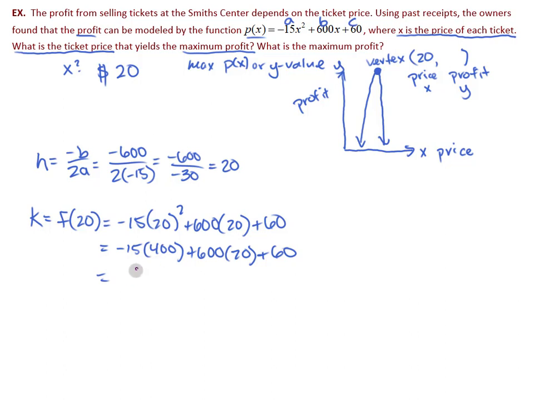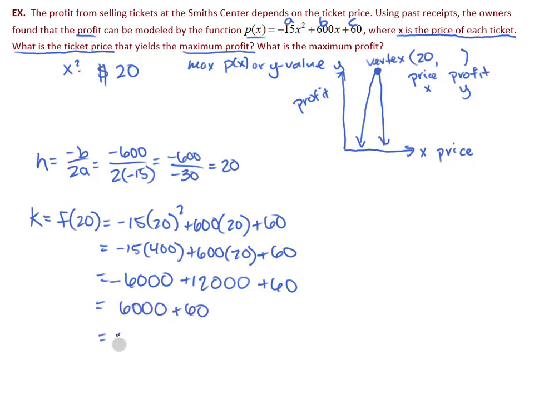Multiplying here, negative 15 times 400 is negative 6,000. 600 times 20 should be 12,000 plus 60. Negative 6,000 and 12,000 is 6,000.